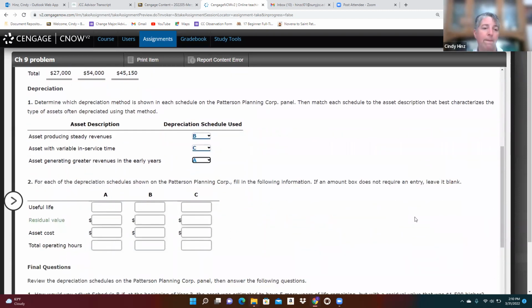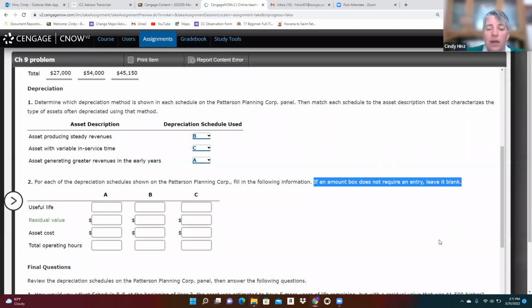For question 2, I want to draw to your attention this line, because when I've used this problem in a previous semester, this part seemed to give people difficulty because we're just accustomed to, if there's a box there, we should put something in there.